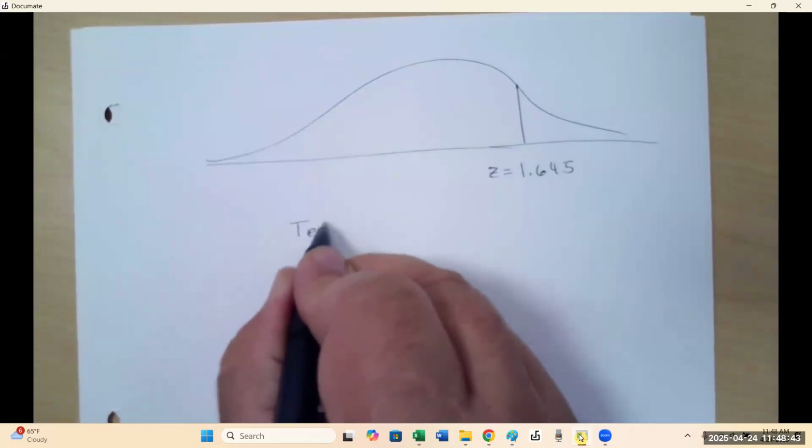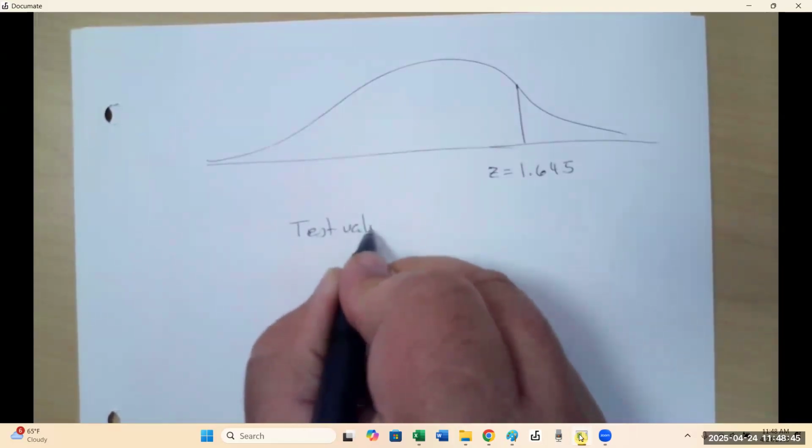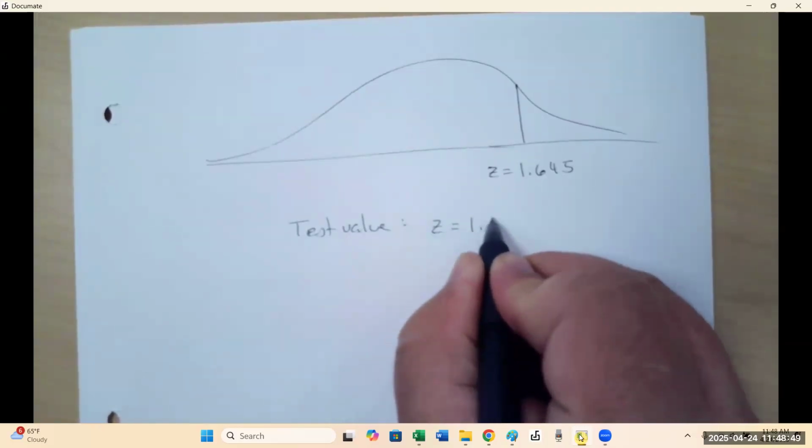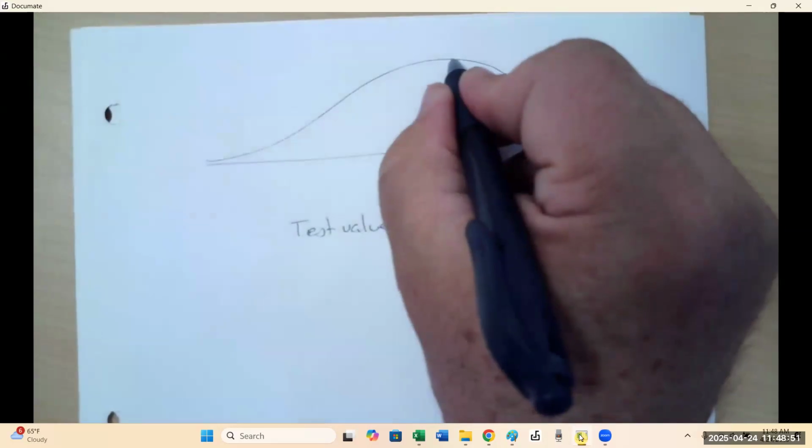Our test value was Z equals 1.25. That falls over here.